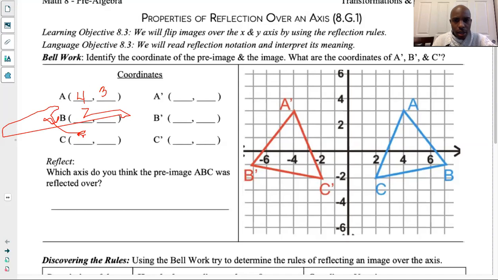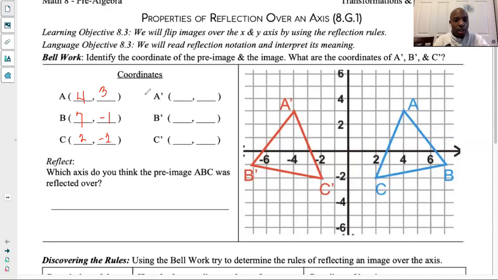C would have gave you (2, -2). And these would have been your first couple.